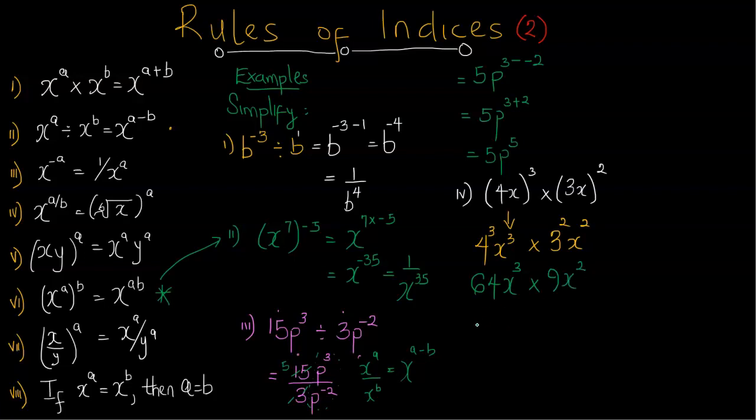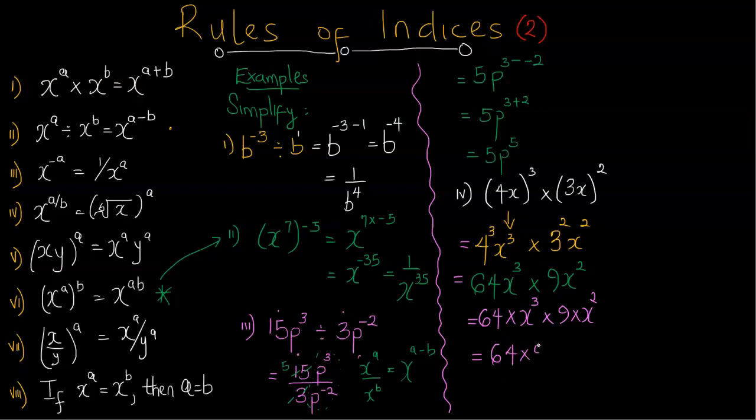The next thing is to realize that 64x cubed is 64 times x cubed, and 9x squared is 9 times x squared. So I can just rearrange. So this is going to be 64 times 9 times x cubed times x squared. 64 times 9 is 576.